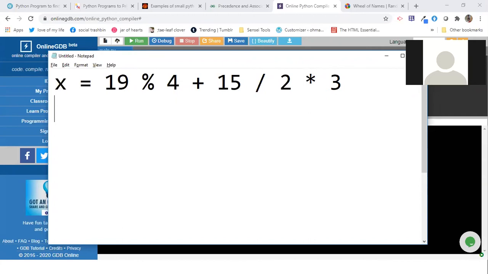Any other answers? 23.26. 23.26 versus 25.5. Okay. For this case, we have 1, 2, 3, 4 operations. Modulus division, addition, divide, multiplication. Alin ang unahin natin?